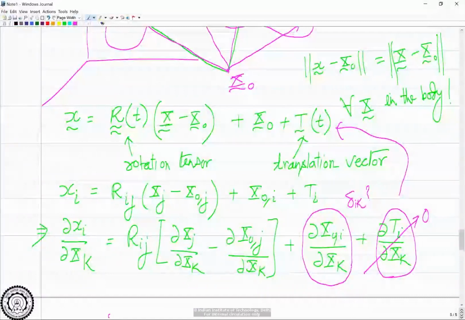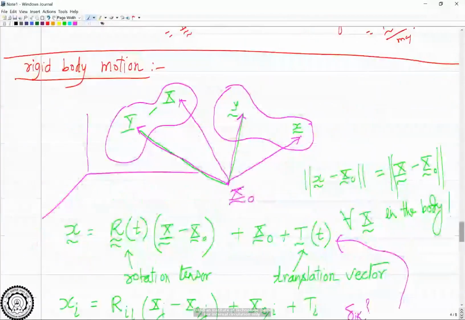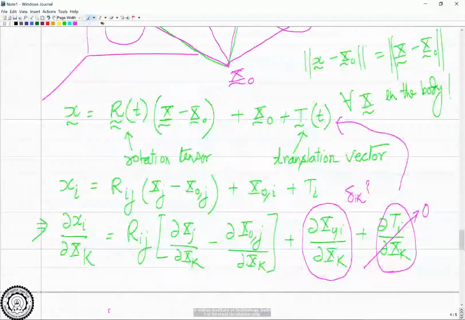X naught is constant. Look at the picture. It is rotating about X naught. So X naught is not changing when you change the particle of the body. So therefore, this derivative is 0. Okay. Likewise, what can you say about this?